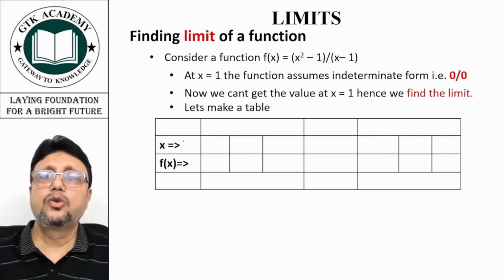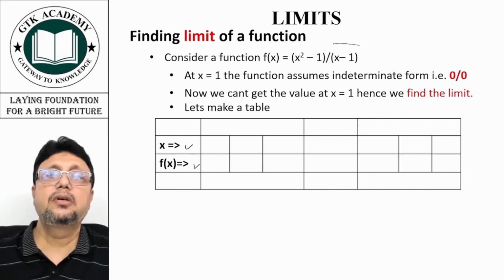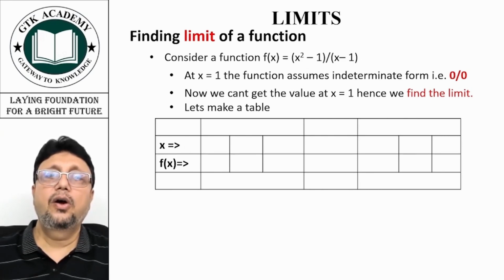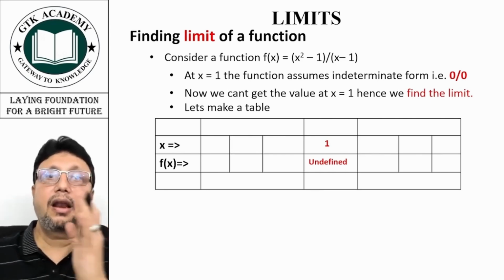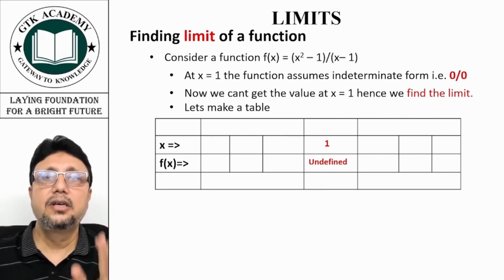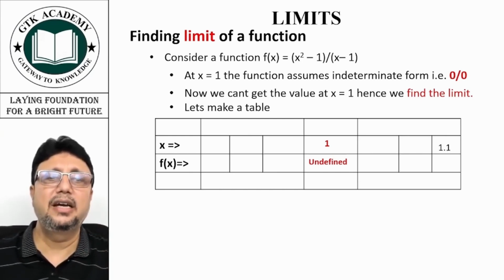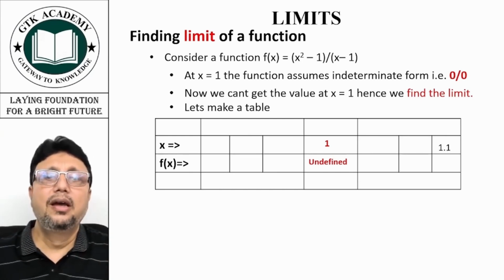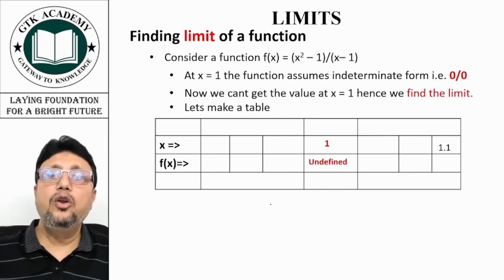Now in this row we have values of x, and here we have values of f(x), means this whole function. Now you know that at x is equal to 1, this is undefined, indeterminate. Now you move right of the function, that is somewhat higher than 1. Say take 1.1. Now you just see what is the value which you are getting at 1.1.